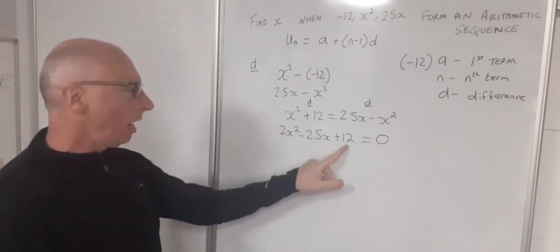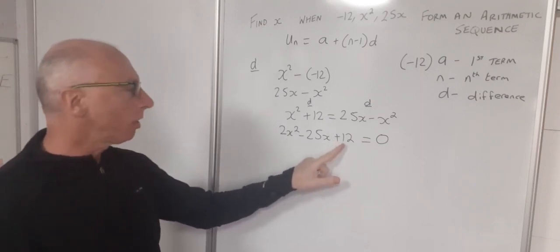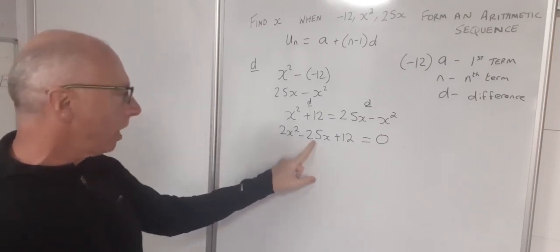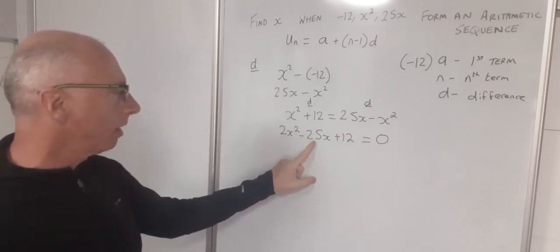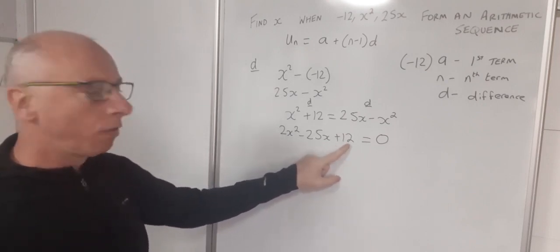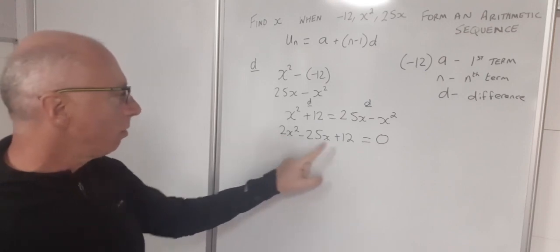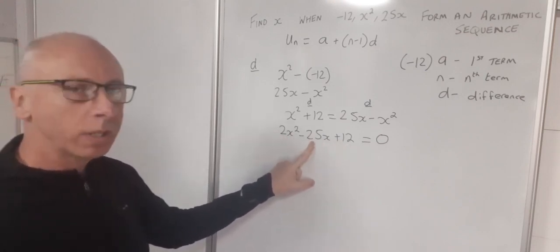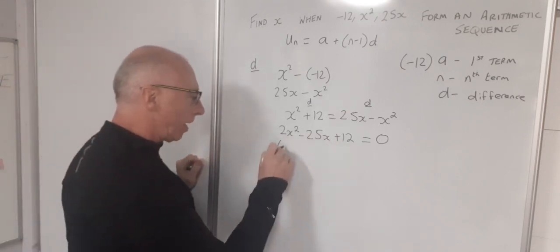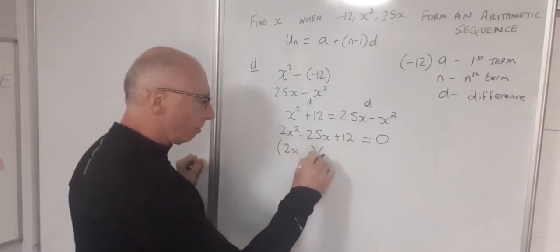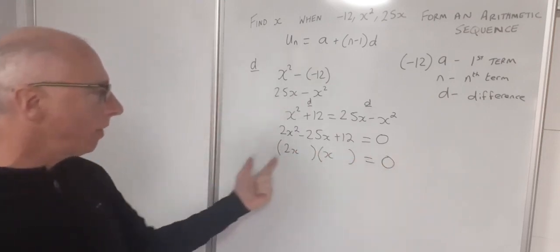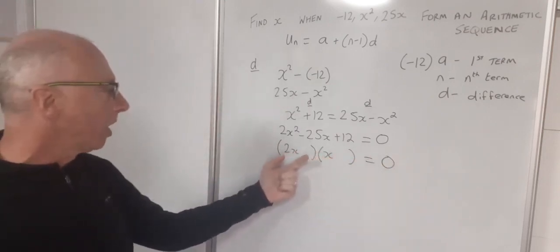Now, I think we can factorize this quadratic. I can see straight away we've got a big value for x, and we've got a 12 here, and there's a 2 here. Well, two 12s are 24, so one more, I've got my 25. So what are my values going to be inside the brackets?